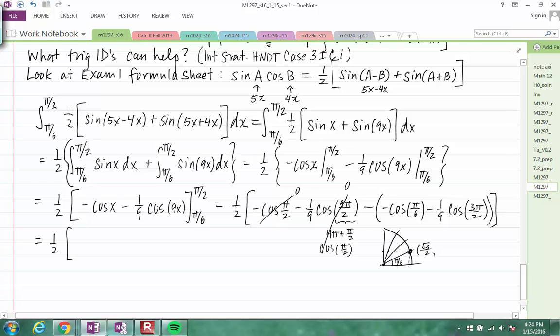The other one cuts over right at a half, or at least that's what I try to draw. And then you need to remember that the x coordinate is the cosine of the angle, and the y coordinate is the sine of the angle. So now that I have that down, I can tell that cosine of pi over 6 is square root of 3 over 2.